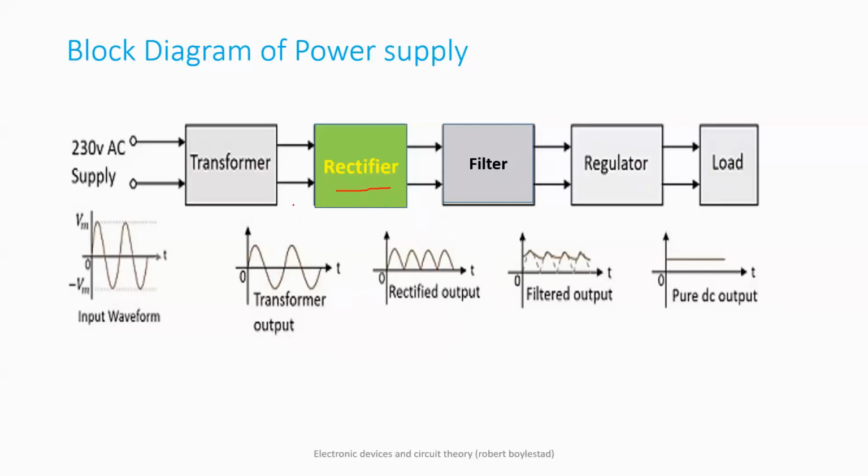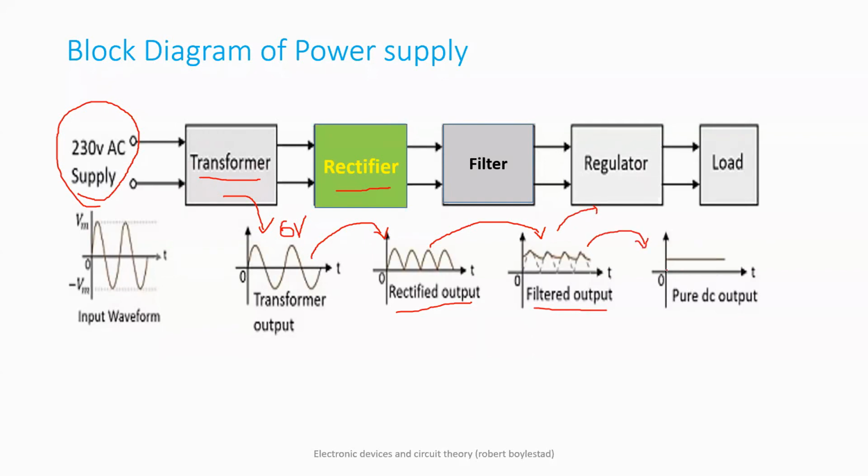So how is the entire thing done? You have a 230 volt AC supply. With the help of a transformer, this is stepped down to a lower voltage, maybe 6 volts, but still it is AC. With the help of the rectifier, it is converted into a rectified output. This is almost equal to DC but not DC. Later on, this is filtered to get a filtered output, and then with the help of a regulator, the ripples are smoothened out to get a perfect DC.